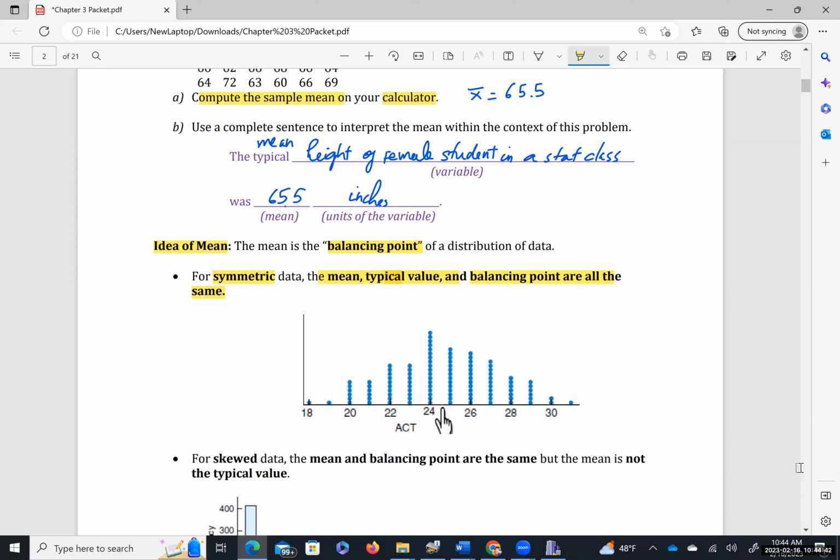In symmetric data, usually the mode, the highest, is going to be over here. Approximately it's going to be around here, right?